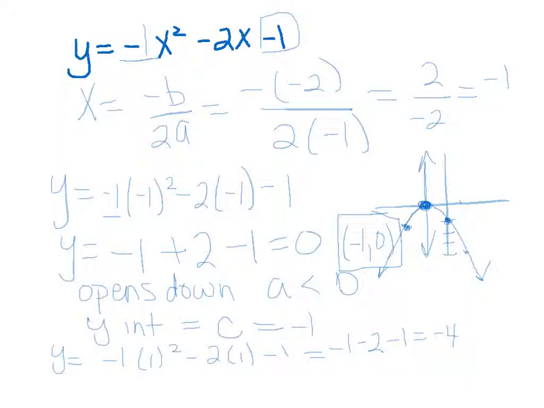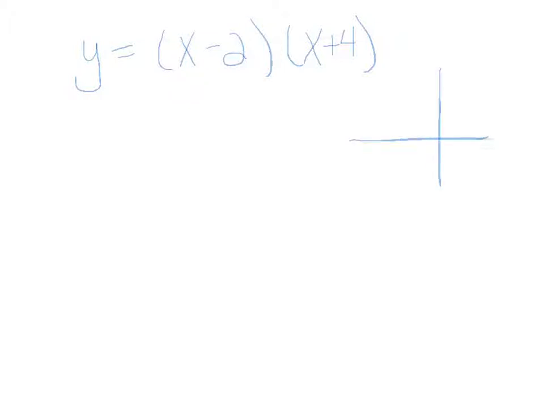Okay, now remember the next form that we had was the intercept form. Let's say y equals x minus 2 times x plus 4. And then remember, we could read the x-intercepts straight off this.